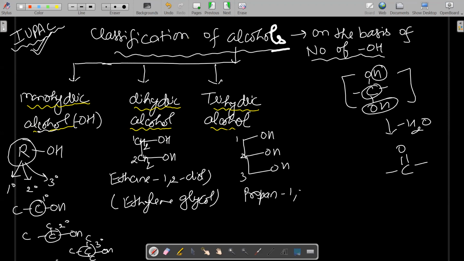Yes, propane-1,2,3-triol, or its common name is glycerol or glycerine, which we use in the form of glycerine. And for more than three, we cannot say tetra; it is called a polyhydric alcohol. So these are the types of alcohols on the basis of the number of OH groups.